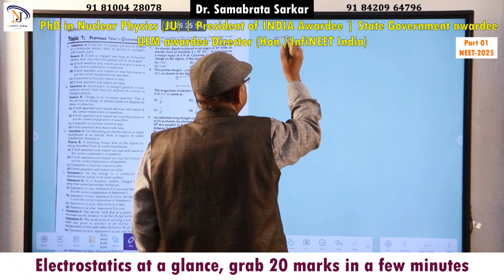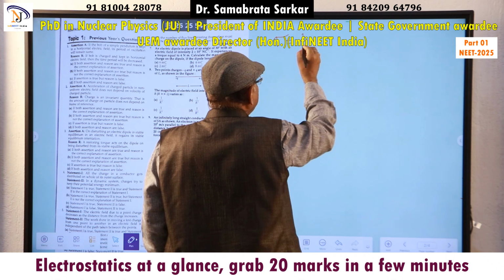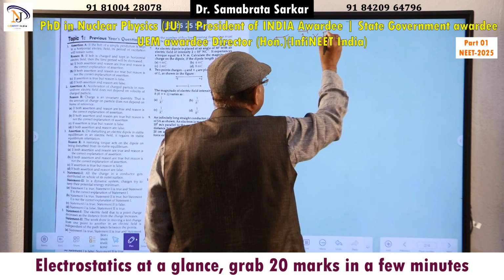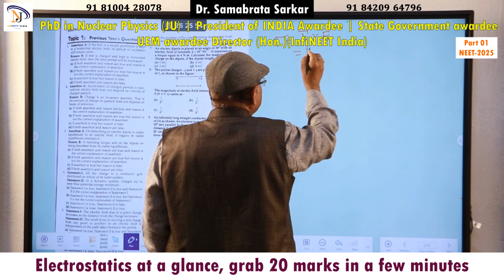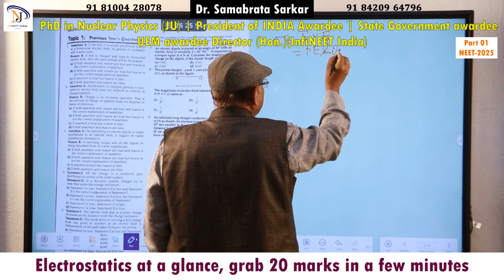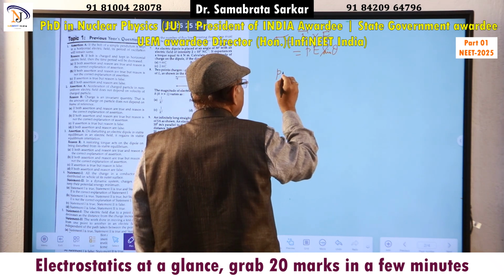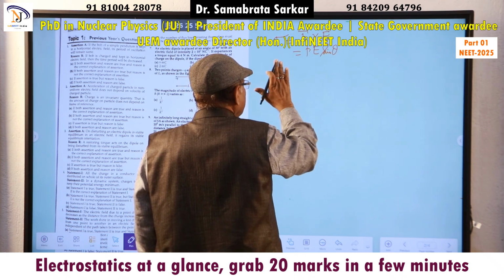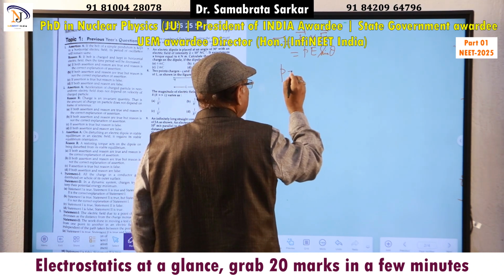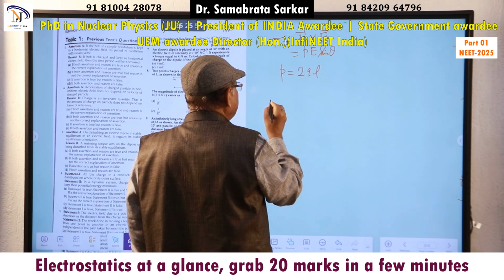Tau means P cross E, that means PE sin of theta, where P equals twice Q into L. Another relation.